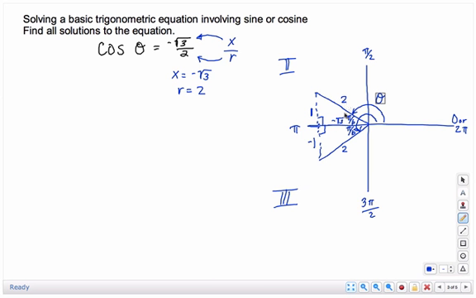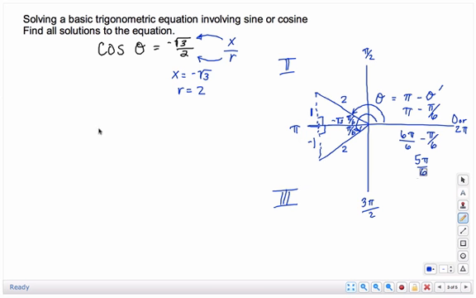In quadrant 2, I'm going to go to pi and subtract the reference angle. So in this case, that's pi minus pi over 6. I can multiply pi by 6 over 6 so I get the same denominator. That gives me 6 pi over 6 minus pi over 6, which gives me 5 pi over 6.